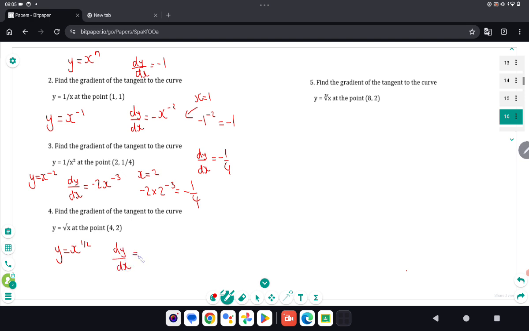Differentiate. Sub in x is equal to 4. Our gradient is a quarter.